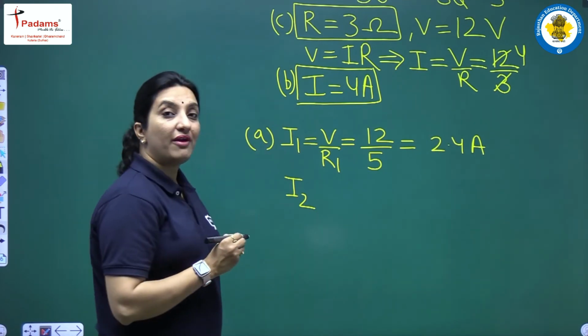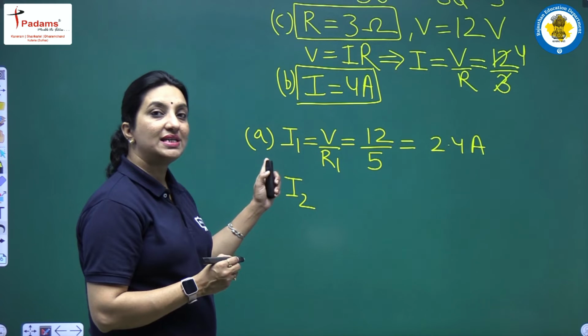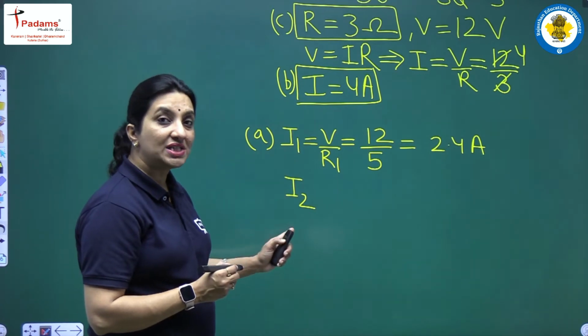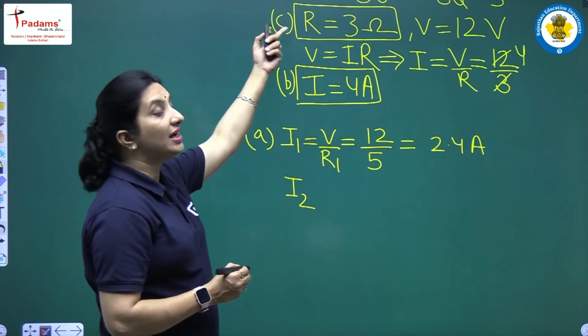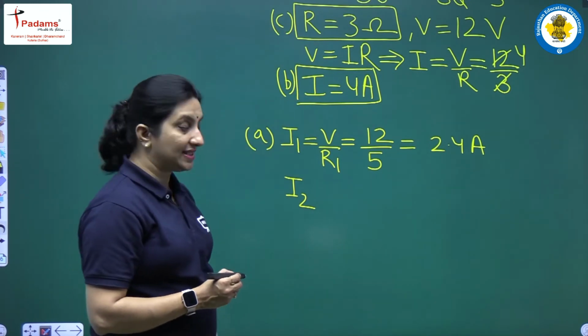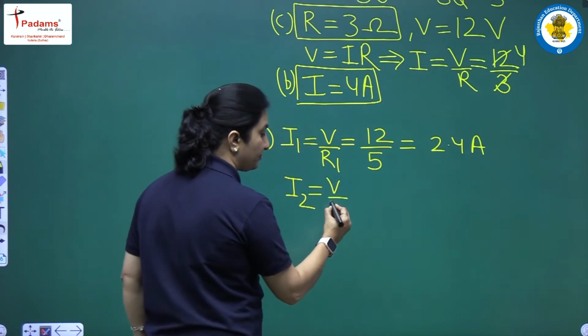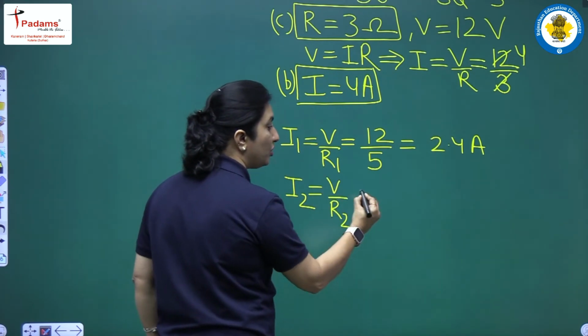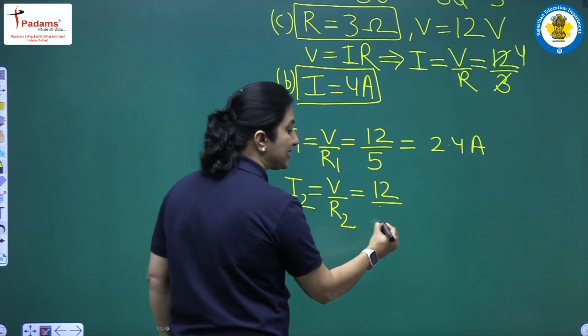Now we could have calculated this initially: we can solve this problem by calculating I1, I2 and I3 first, then we can calculate the total current and then the equivalent resistance also. So here I2 will be equal to V upon R2, so V is 12 and R2 is 10.